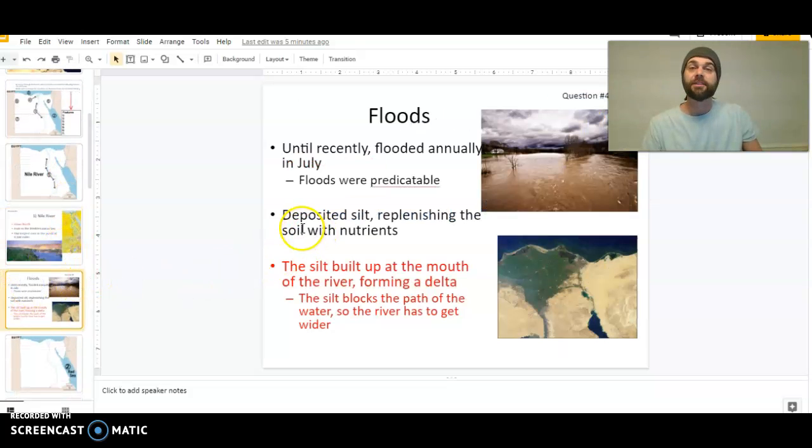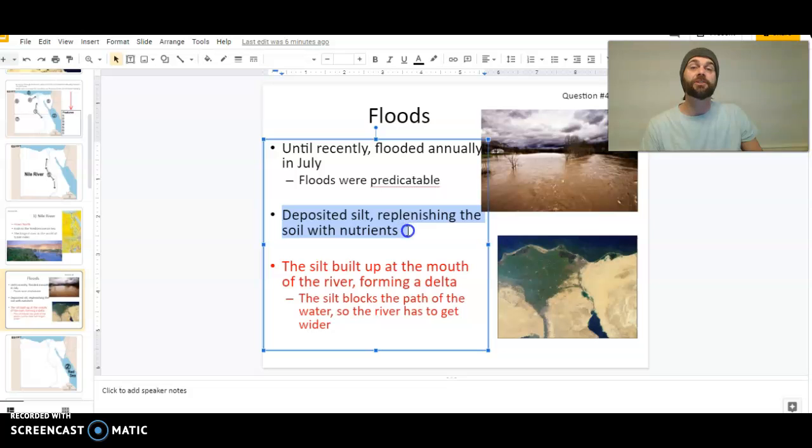It floods, but as we know from the video, the Egyptians based their calendars on the floods because they were so predictable. This is the major thing that we need to take from the slide. We need to understand that it deposited silt. It replenished the soil with nutrients. So those rains might have been devastating, but they replenished all of the nutrients in the soil.